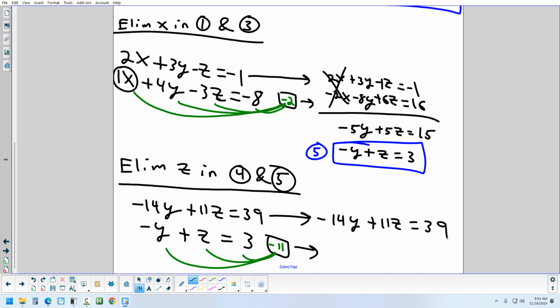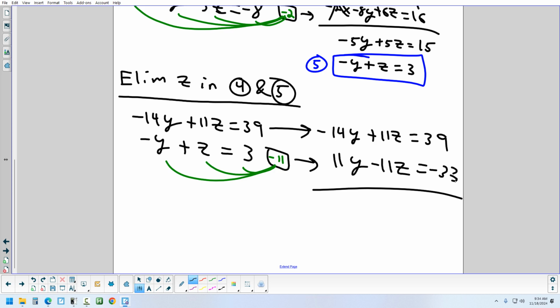Okay, what's my new bottom equation going to be? 11y minus 11z equals negative 33. Okay, and now add your columns up. What's negative 14 plus 11?